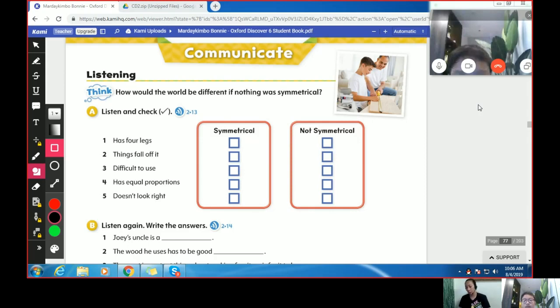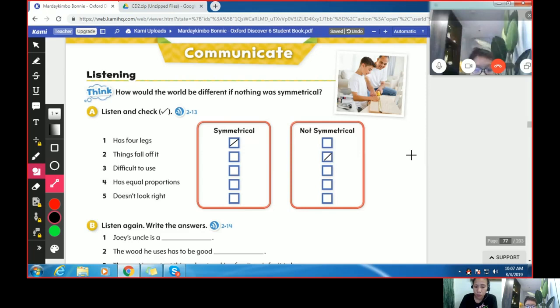Okay, so let's now answer the activity. It's either symmetrical or not symmetrical. Number 1, it has 4 legs. I think it's symmetrical. Yes, it is. Very good. Number 2, things fall off it. Not symmetrical. Good job. Number 3, difficult to use.